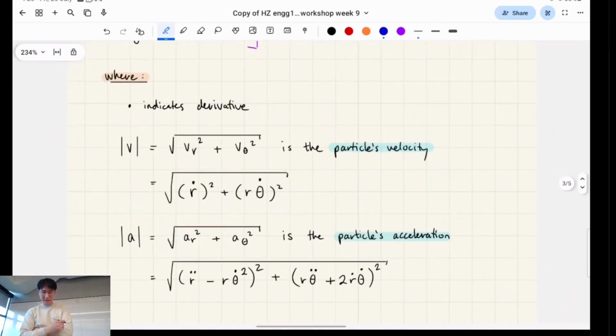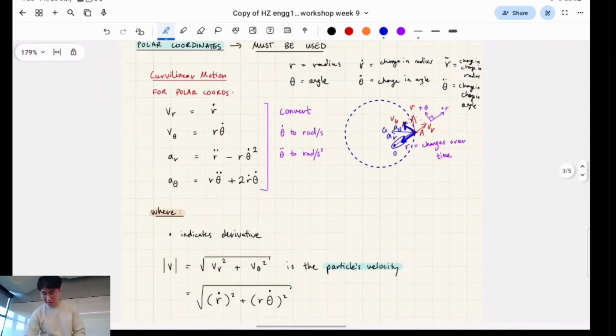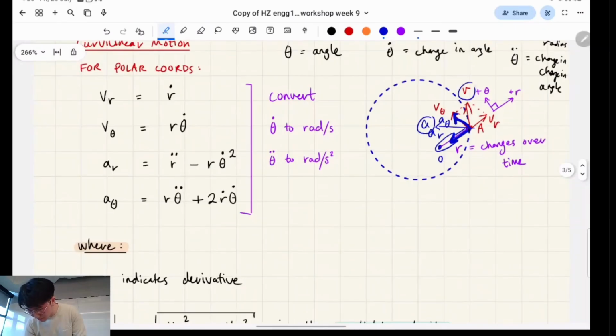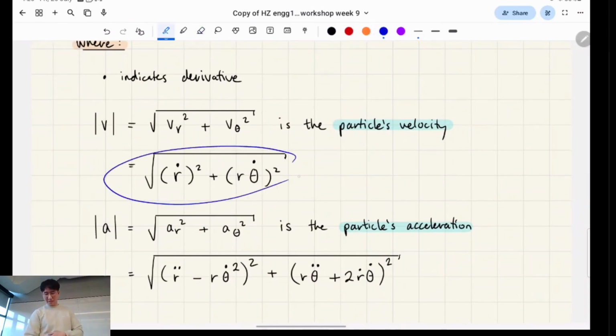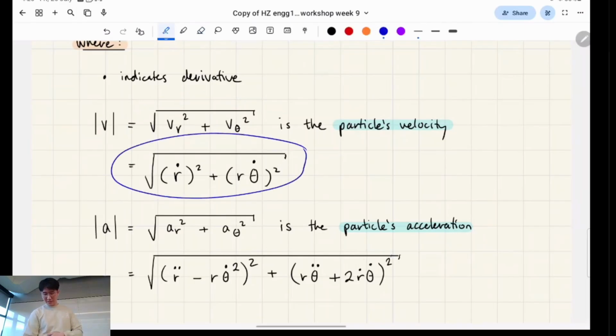Another thing, because we have components, just like how we had x components and y components, now we have radial components and theta components. To find the magnitude of that diagonal, we have to use Pythagoras theorem. So we take the square root of those two components squared, summed together. You don't actually need these formulas. It's basic.